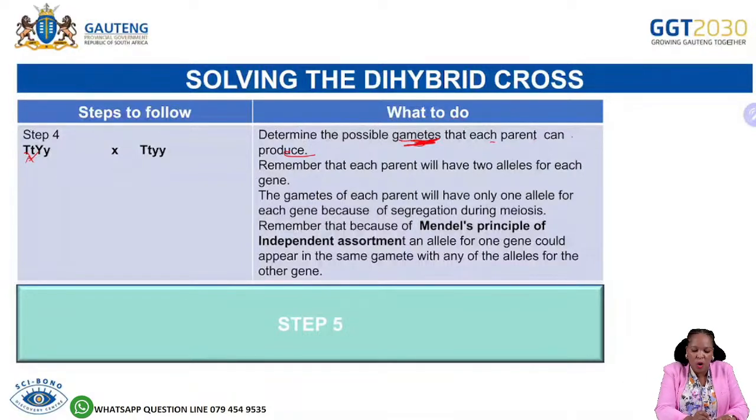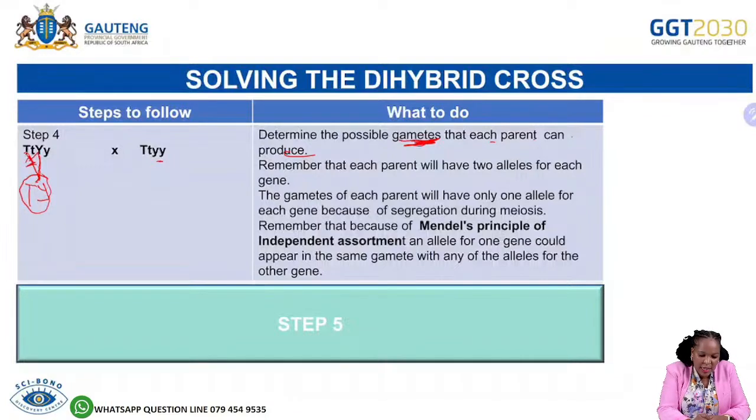We will work out all the possibilities of the gametes of the first parent and of the second parent. How do you do that? You do a cross multiplication of your first characteristic allele with your second characteristic allele. So you are going to get big letter T with big letter Y. This is the possible first gamete.